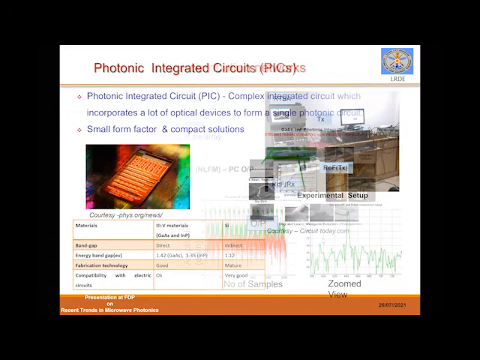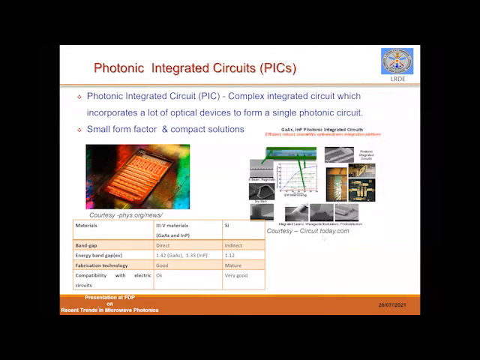And one more thing I wanted to introduce before we move on to a case study. Those of you working in the photonics domain would have heard about photonic integrated circuits, that is PIC.